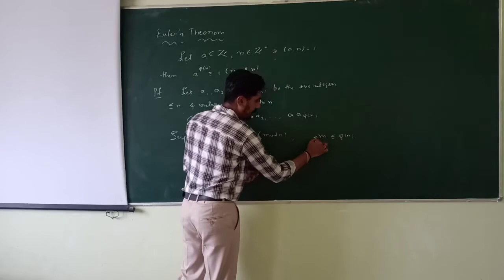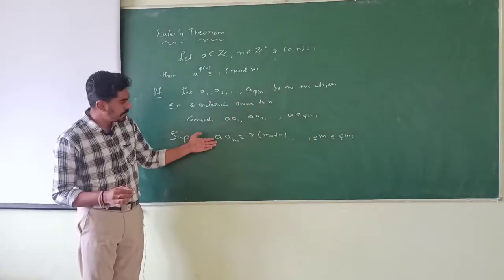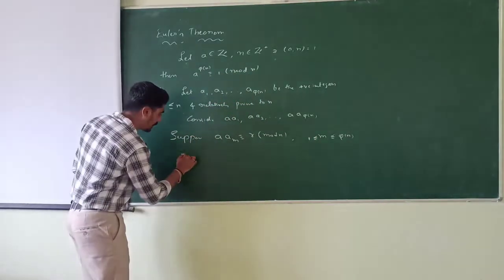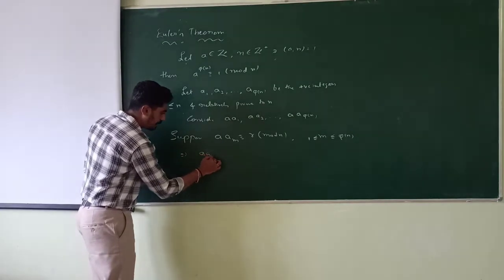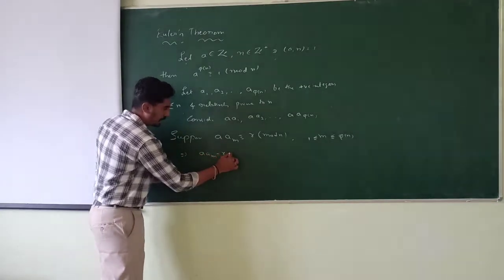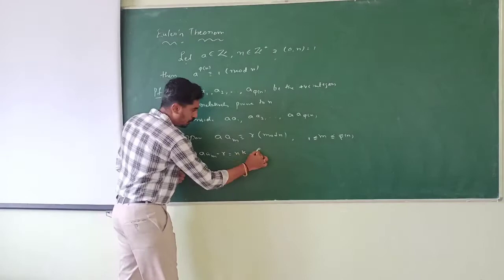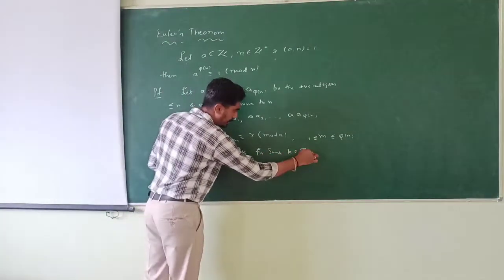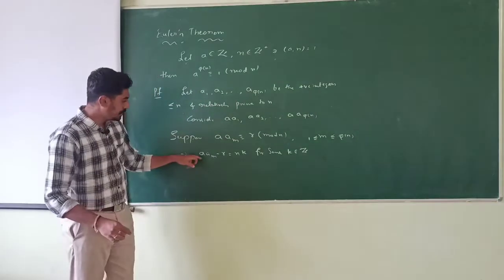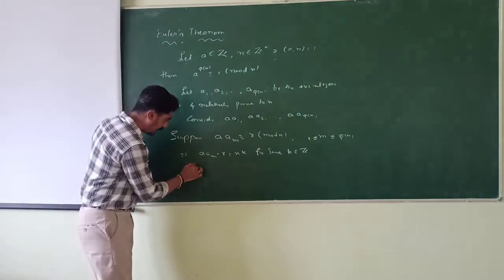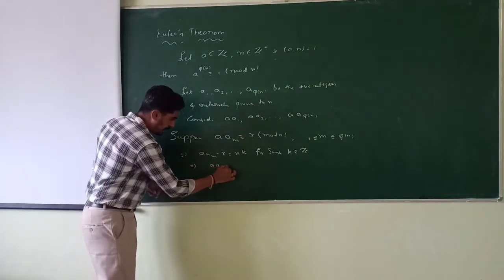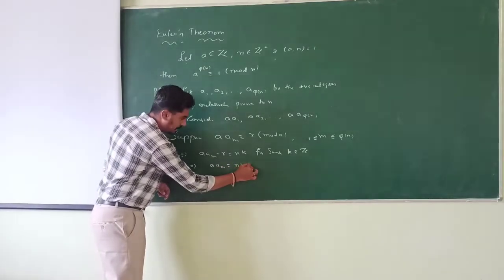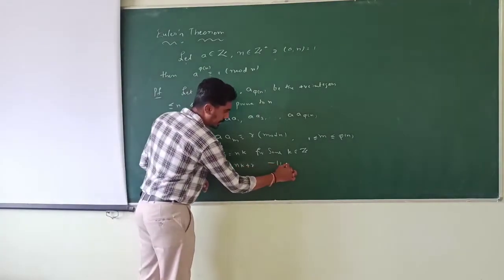By the definition of congruence, we have a times am minus r is equal to nk for some k belonging to Z. This can be written as a times am is equal to nk plus r.